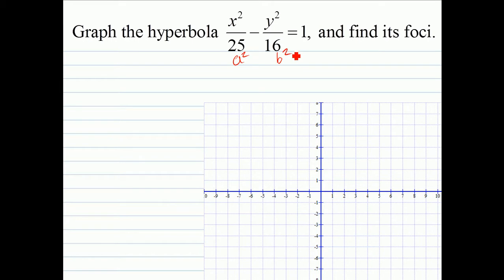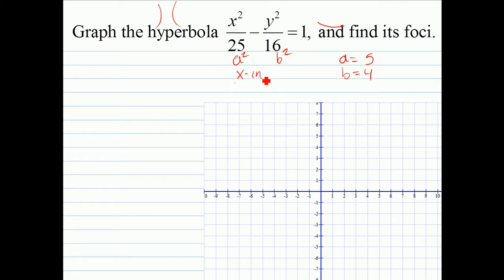The only things that move are the x squared and the y squared. So from here, we can say that a is going to be 5 and b is going to be 4. Also, since this 25 is under the x squared, we know that the hyperbola is going to open this way.